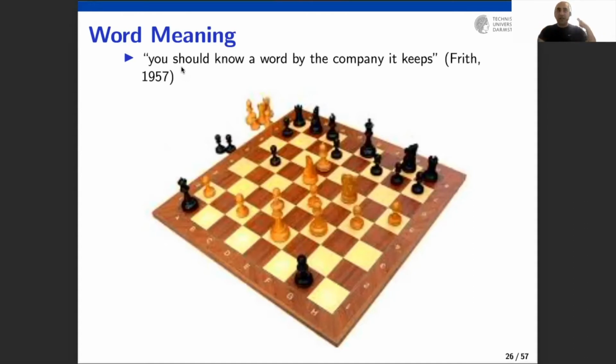Somehow we have a meaning in our mind about easy and difficult, but this meaning is usually defined with respect to other words in a language, not because of the text that we are seeing now, but because of the many texts that we have read during our life, right?